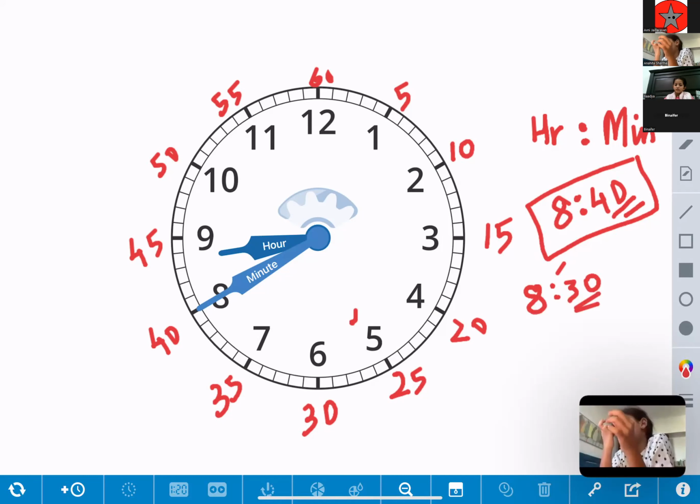And there's another way of saying it: 20 minutes to the next o'clock, because the minute hand still has to complete these numbers here, right? 5, 10, 15, 20. So in 20 minutes, it's going to be the next o'clock, which is 9 o'clock. 20 minutes to 9. Got it?